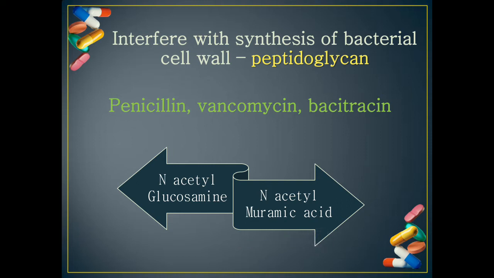How much peptidoglycan is present, and what the thickness of the peptidoglycan is, may vary, but all the bacteria, whether they are gram positive or gram negative, or even some of the modified bacteria which have a cell wall, have peptidoglycan as their major component in the cell wall. So when we talk about the cell wall synthesis inhibiting antibiotics, it means that during the synthesis of peptidoglycan, they go and block one or more steps.